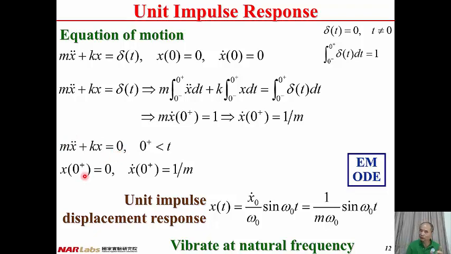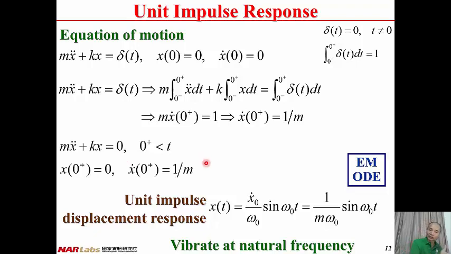And here are two initial conditions: x of 0 plus equals x of 0 equals 0 because of the continuity of the displacement function, and x dot of 0 plus equals 1 divided by m. Therefore, we have two initial conditions, and it's a free vibration problem.